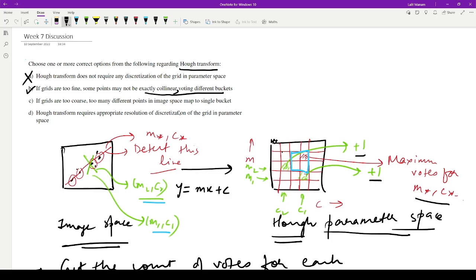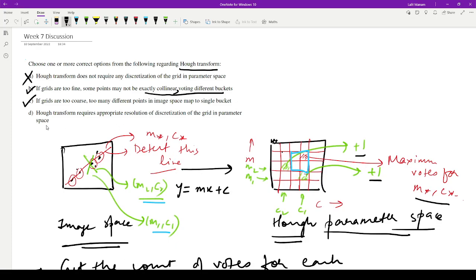Do you understand this? So if there are two parallel lines which are very close by, but your grid is too coarse, then both the parallel lines would merge here, right? Yes, sir. So even this point is right.